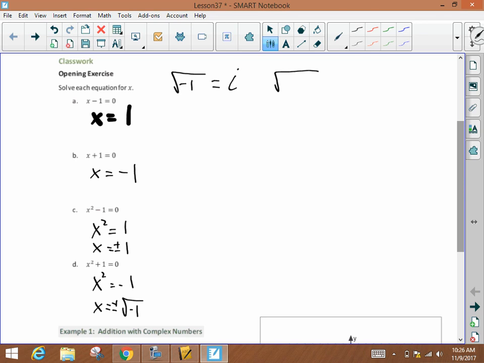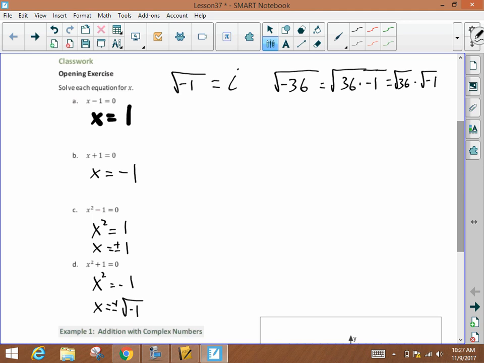So now, if I had something like the square root of negative 36, I don't have to say it's not real. I can split this up. This is the same thing as the square root of 36 times negative 1. So then this is the square root of 36 times the square root of negative 1.